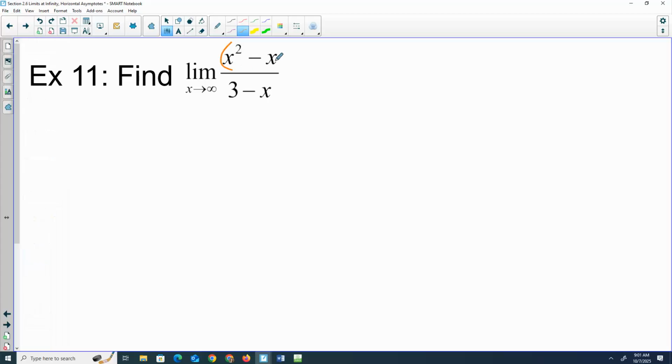If I try that here, what's my highest power of x? x squared on top, so if I do 1 over x squared. Okay, so then I get 1 minus x over x squared would be 1 over x. Over x squared minus x over x squared is 1 over x.